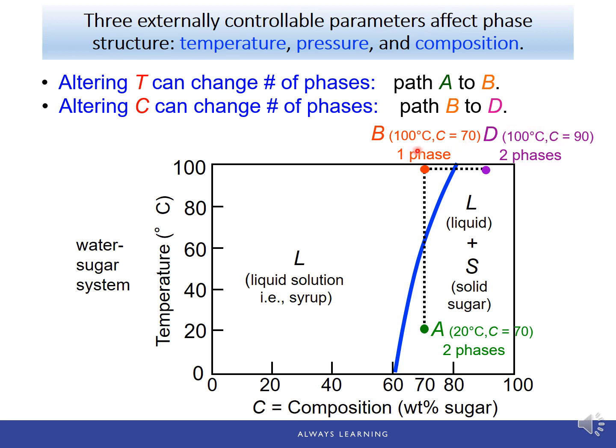Now the number of phases will change from a one-phase region to a two-phase region, because when we add more sugar into the water, it cannot dissolve anymore. So the undissolved sugar will be left as the solid sugar phase. So changing the composition can change the number of phases present in the system.